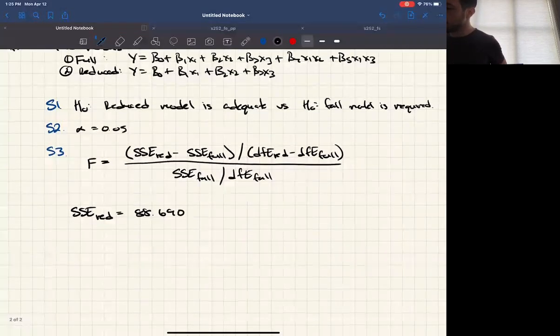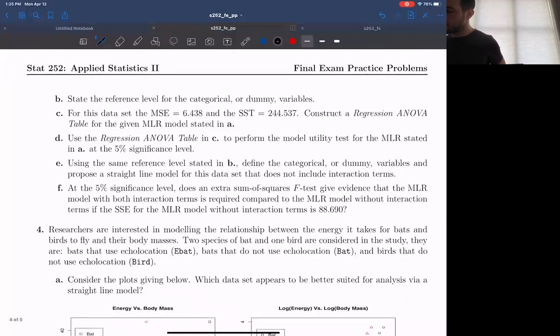Now in part C, we are asked to construct a regression ANOVA table. So we actually need the solution from C, or most of part C, in order to complete part F, because in part C is where we would work out our sum of squares error for the full.